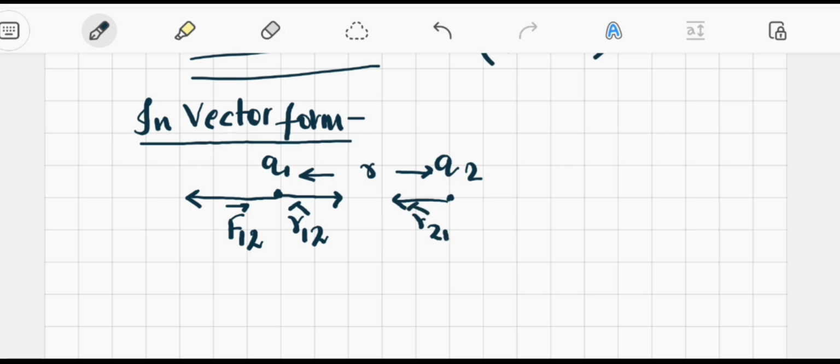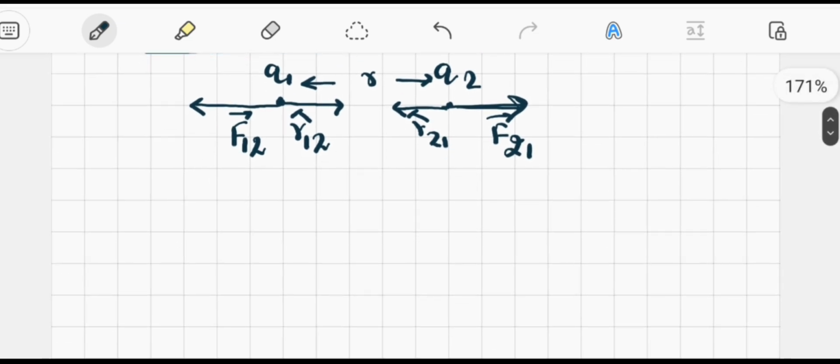Therefore the force applied on Q due to point charge 1 is this one, that is F2 due to 1.